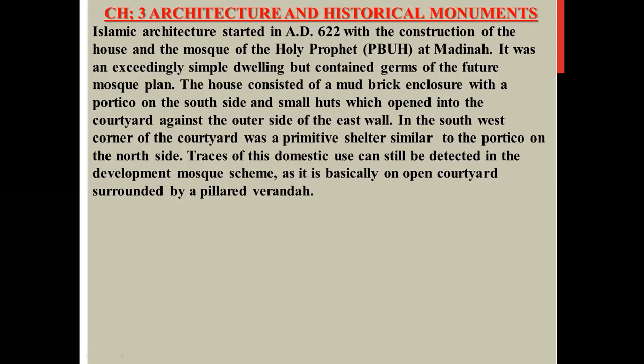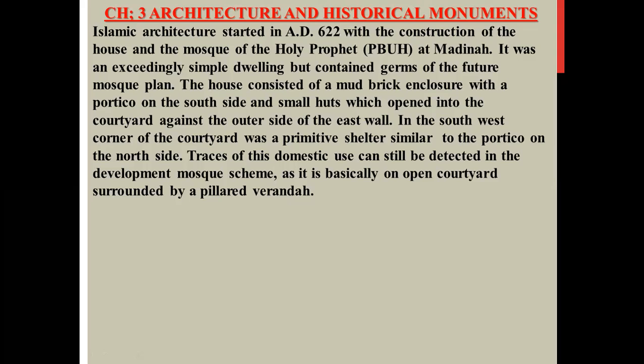In the southwest corner of the courtyard was a primitive shelter similar to the portico on the south side. Traces of this domestic use can still be detected in the developed mosque scheme, as it is basically an open courtyard surrounded by a pillared veranda. So it means that at that time the open space was more than the covered area.